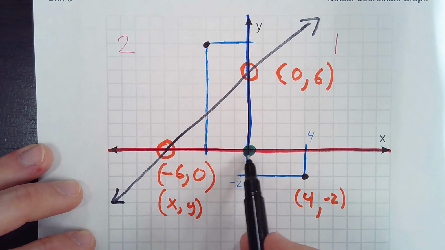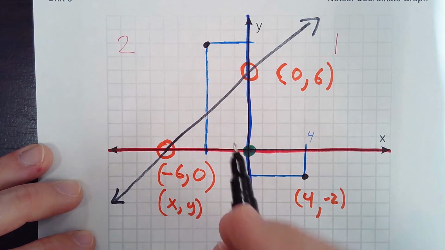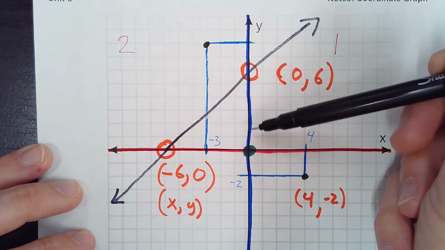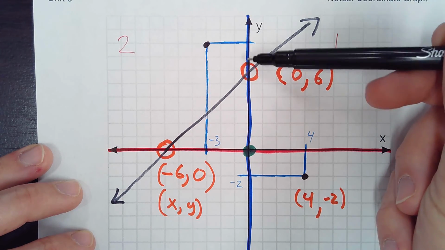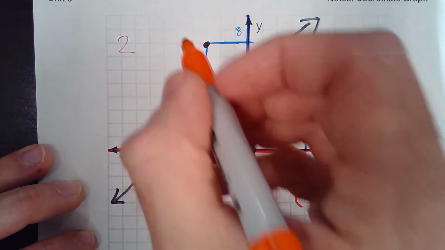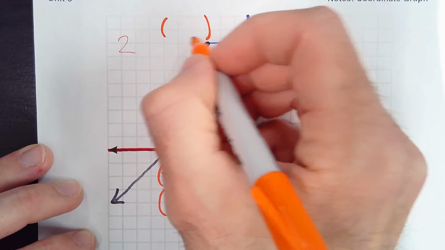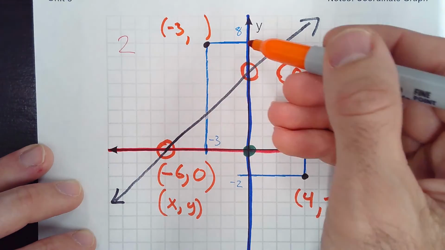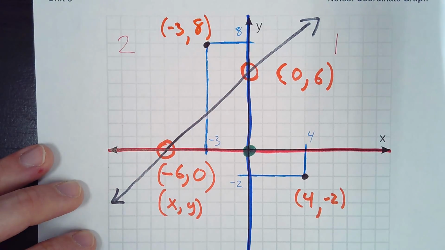So here this would be negative, so negative 1, 2, 3. And then this would be positive going up, 1, 2, 3, 4, 5, 6, 7, 8. So this point would be x is negative 3, y is 8.